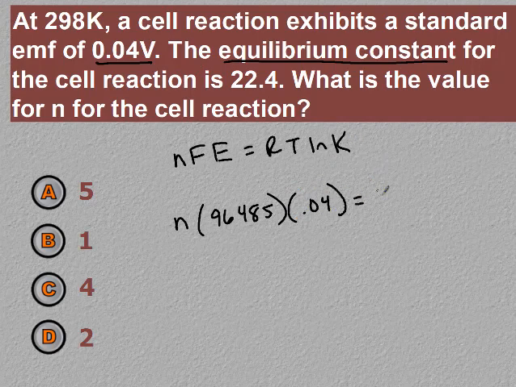R, remember from our previous unit, was 8.314. That's in joules already. Temperature is 298. And then ln of 22.4.